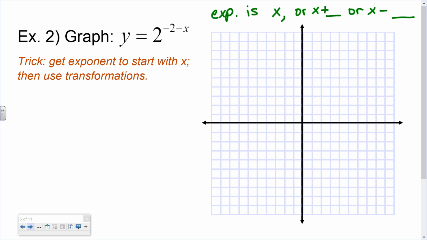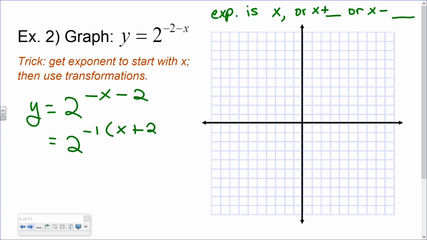So I'm going to take y equals 2 to the, well, I wanted to start with x, so it's easy enough to use the commutative property and say that's minus x minus 2. Okay, so now it's starting with minus x, and I wanted to start with just 1x. So I can factor out a negative 1, right? So I could say that that is 2 to the negative 1 times (x plus 2). And you probably are very quickly going to go straight from this to that.